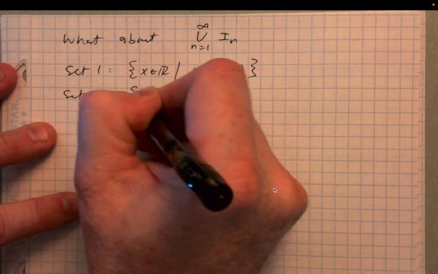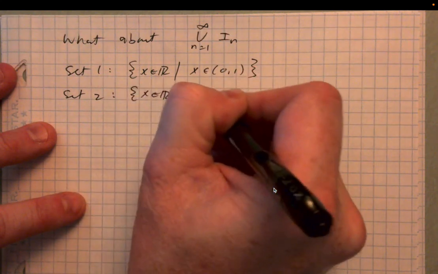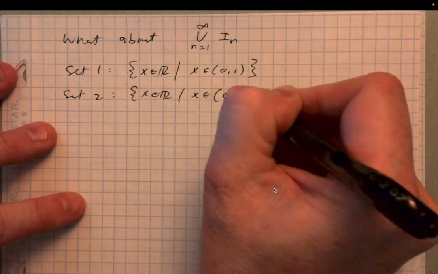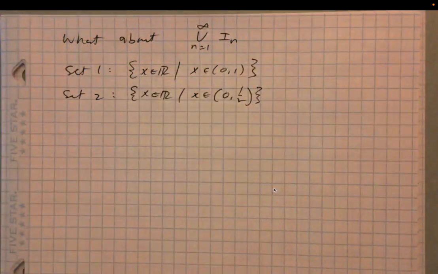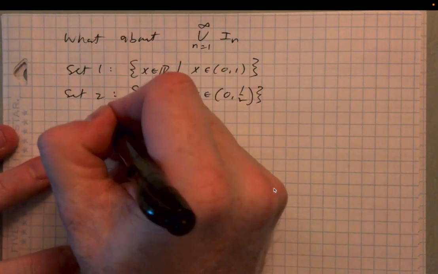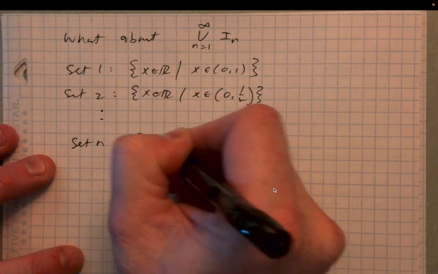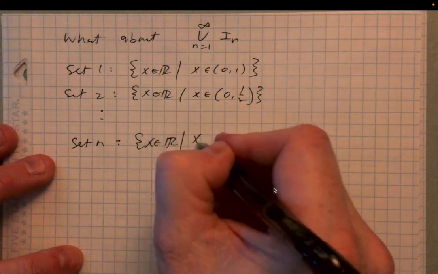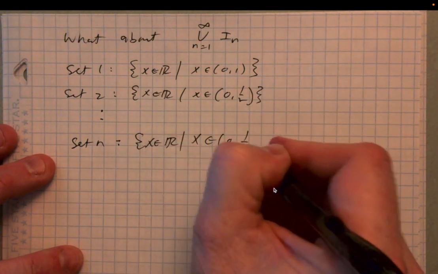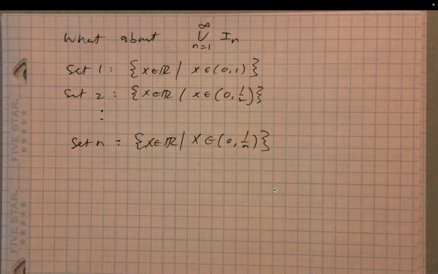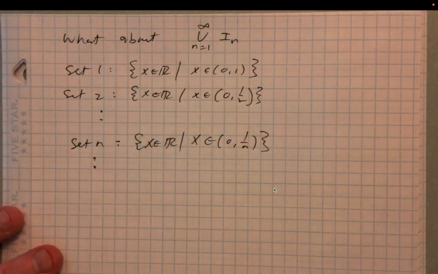Set 2 is all of the x in R such that x is in 0 to 1/2. And so it's very easy to see that you can continue on, all of the x in R such that x is in 0 to 1 over n, and so on, continuing onward.